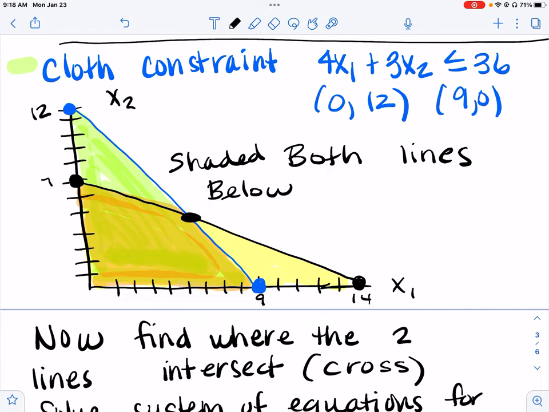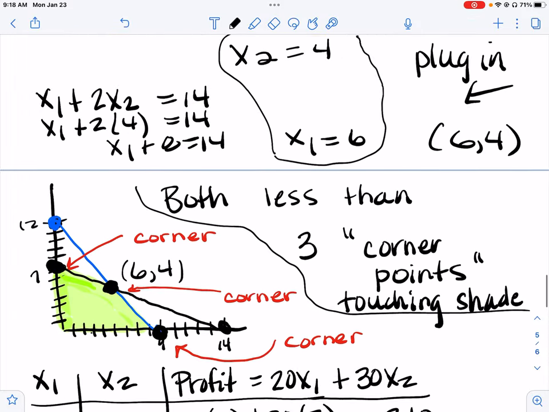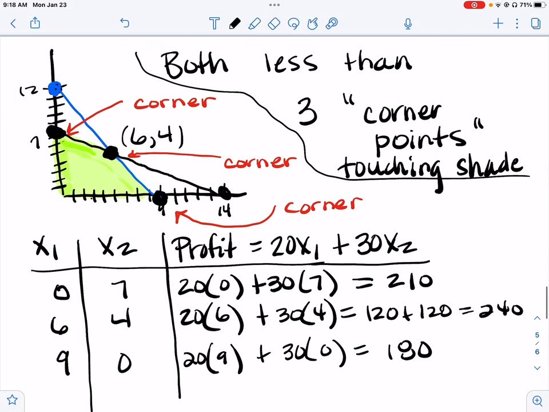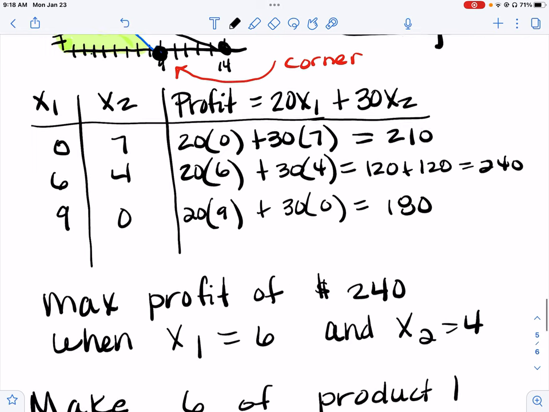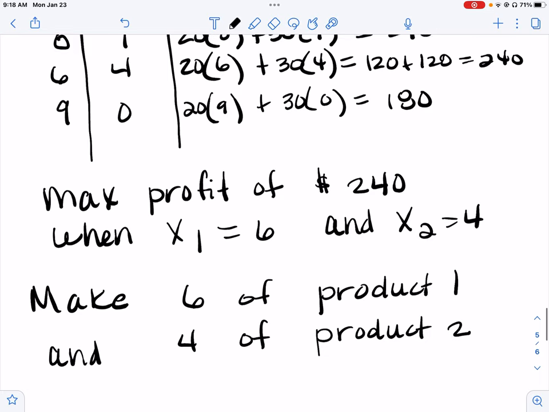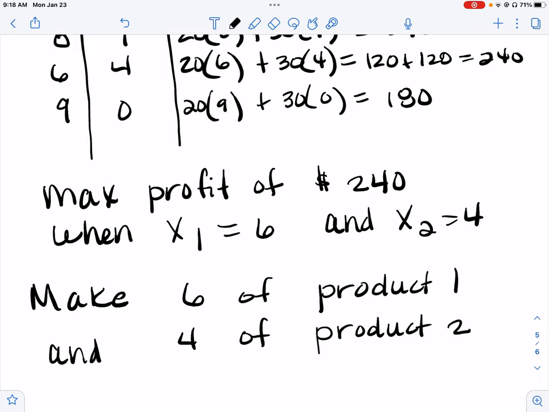Okay, this little orange area right here is this area that was shaded below both lines. Okay, so now that tells us that $240 is our maximum profit, and that's when X1 is 6 and X2 is 4. So make 6 of product 1 and 4 of product 2. And that is the end of this lesson.